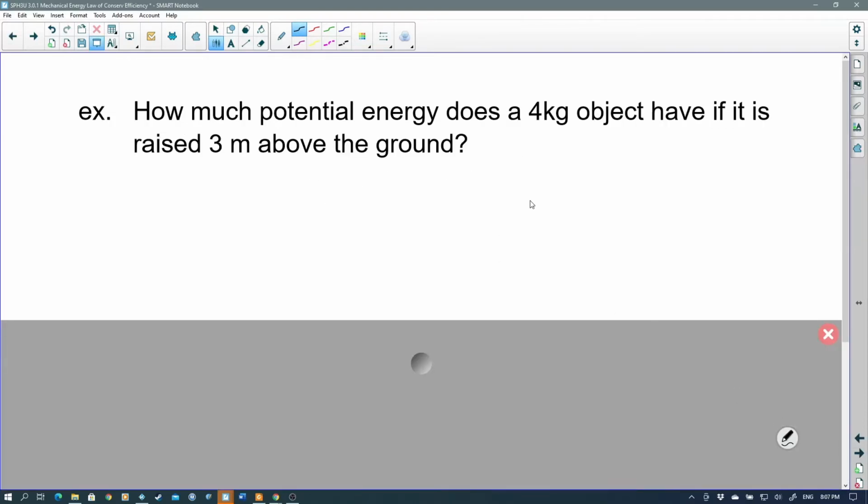So here's an example of a problem that you could be asked. How much potential energy does a 4 kilogram object have if it is raised 3 meters above the ground? So if we draw a little system diagram here, we've got our object being raised 3 meters above the ground. Its mass is 4 kilograms.